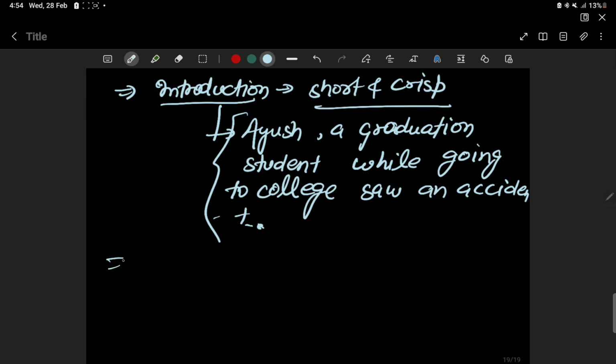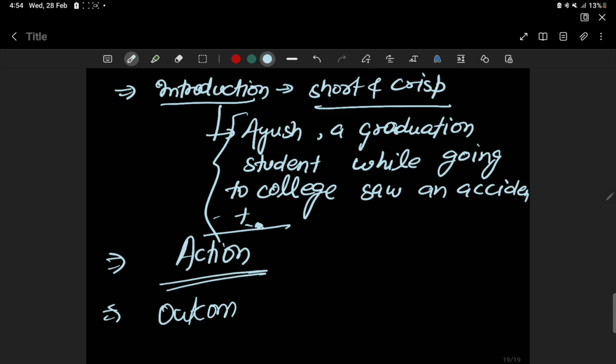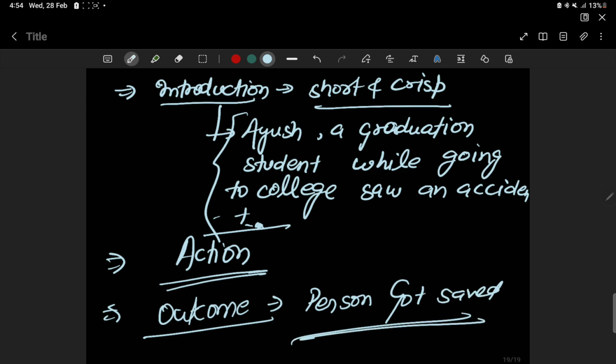Now as soon as he saw the accident, the action part will come, and then the final outcome will be that the person got saved. This should be the outcome.